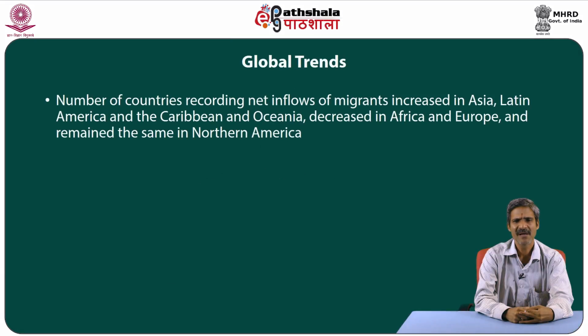On the other hand, in the developing regions, the majority of the countries experienced negative net migration in both the time reference points. The number of countries recording net inflows of migrants increased in Asia, Latin America and the Caribbean and Oceania, and it decreased in the case of Africa and Europe and remained the same in the case of Northern America.